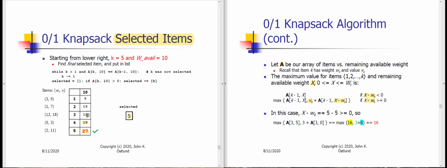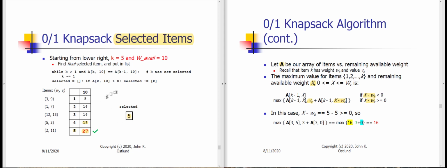All right, so in other words, if we saw 27, 27, 27 here, we would recognize that this uppermost 27 must be the final item that we selected for our collection of items. In this case, the very last item does give us a maximum value that's greater than what we could get using the previous items. And so that means that we must have selected item 5.